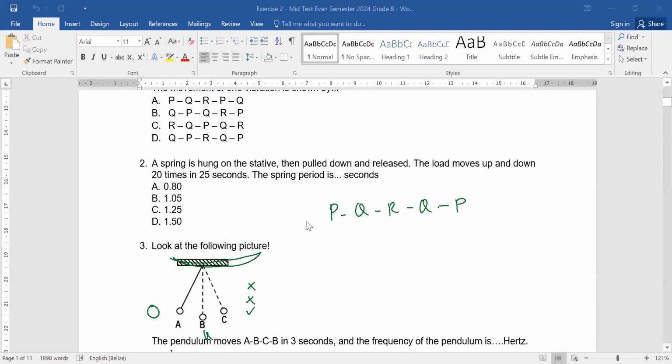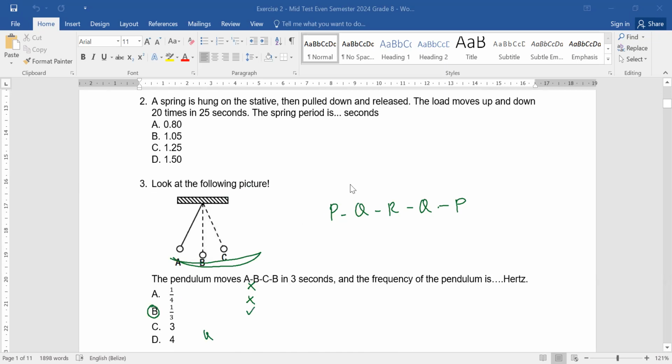Okay, the next one, question number 2. So there is a spring that is hung on a stand and then on release, the load moves up and down 20 times in 25 seconds.